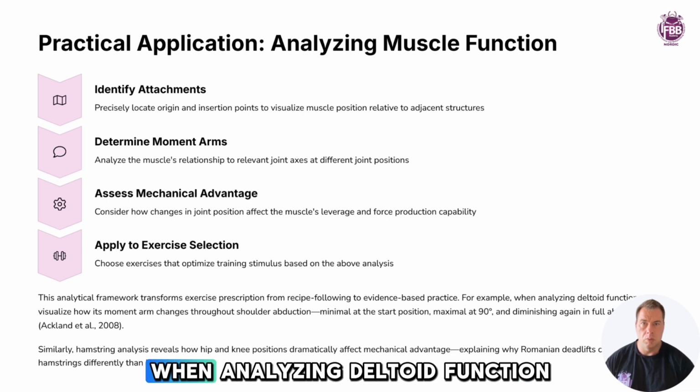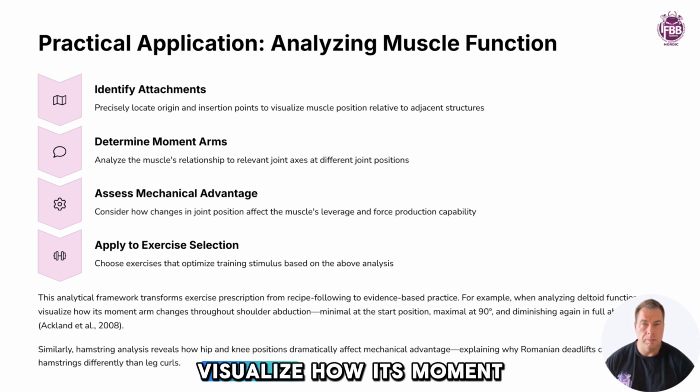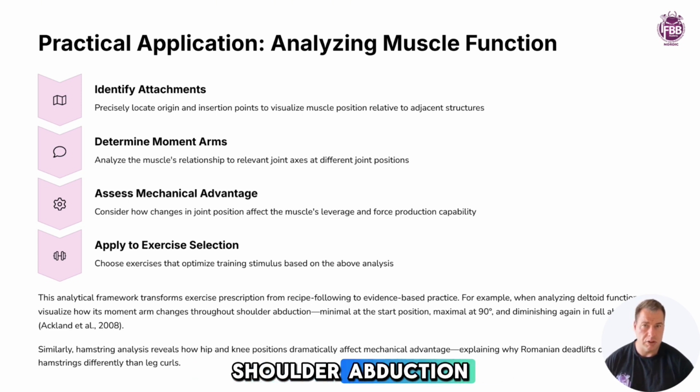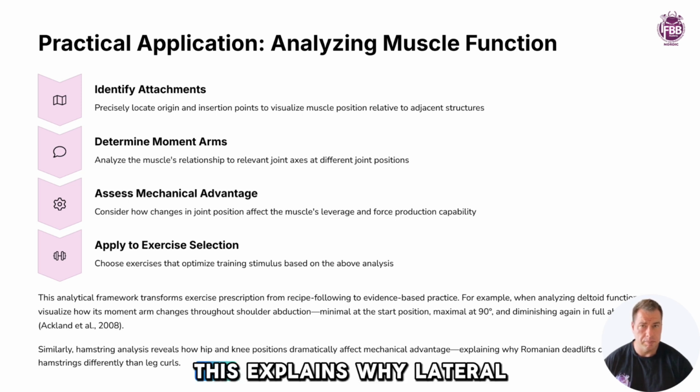For example, when analyzing deltoid function, visualize how its moment arm changes throughout shoulder abduction: minimal at the start position, maximal at 90 degrees, and diminishing again in full abduction. This explains why lateral raises feel hardest in the middle range.